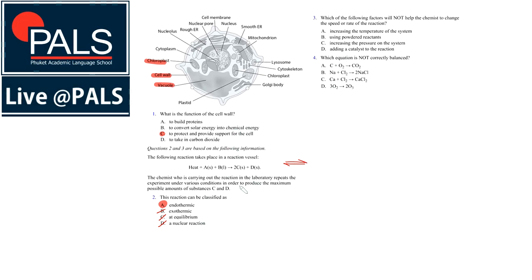Question 3 relates to the same piece of information. Which of the following factors will not help the chemist to change the speed or the rate of the reaction?